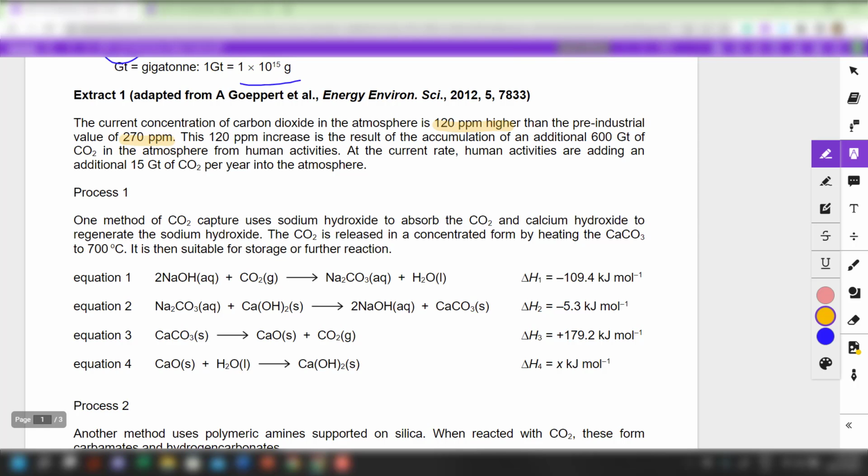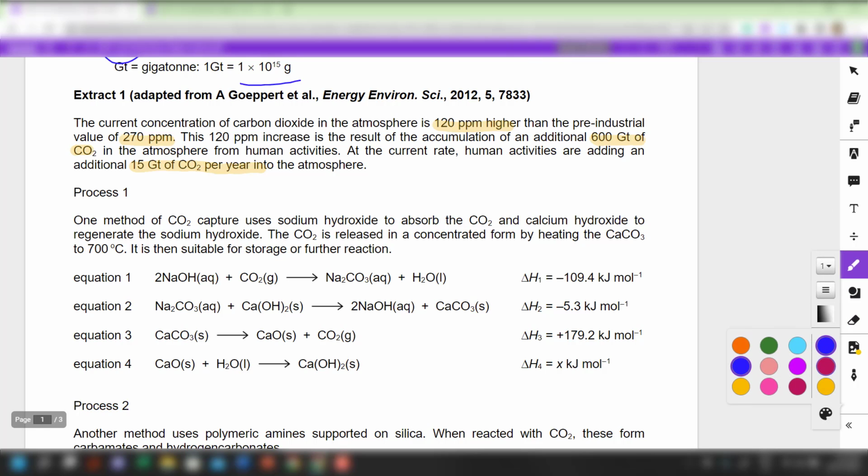It was mentioned that the increase is the result of the accumulation of an additional 600 gigatons of CO2 in the atmosphere from human activities. At the current rates, human activities add an additional 15 gigatons of CO2 per year into the atmosphere. These are some of the important details you might want to take note of.